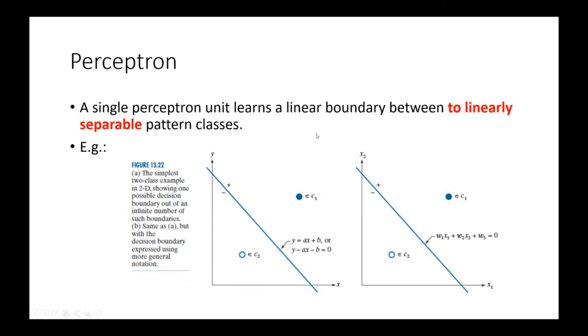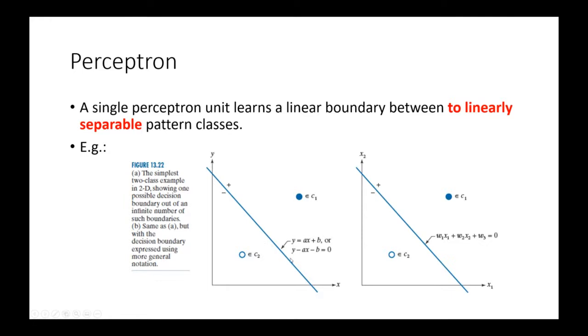So this is a very simple two-class example where you have one data item that belongs to class C1 and one data item that belongs to class C2. What the perceptron does, it learns this boundary separating classes of objects of the kind C2 from objects of the kind C1.